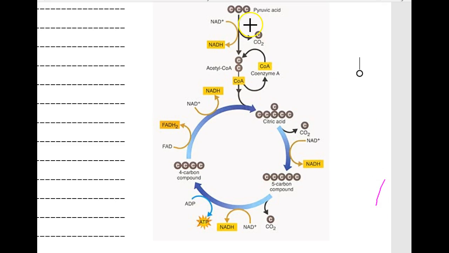So here we have our 3-carbon compound. And the minute it gets into the matrix, it's going to become unstable and it's going to break down. It's going to break down between the last 2 carbons in the pyruvic acid. Now the carbon's not going to go by itself. It's going to take some oxygen. It's actually going to take 2 oxygen.